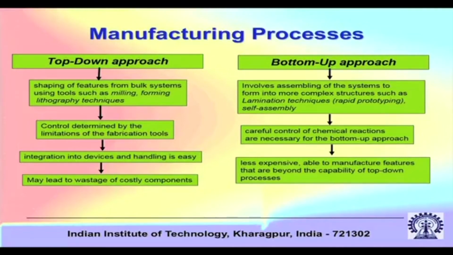Bottom up approach involves assembling systems to form more complex structures, using techniques such as lamination, for example rapid prototyping, and self assembly. So you have small parts of the system and you assemble those small parts to make the final product, and these small parts may sometimes be assembled by self assembly or self organization.